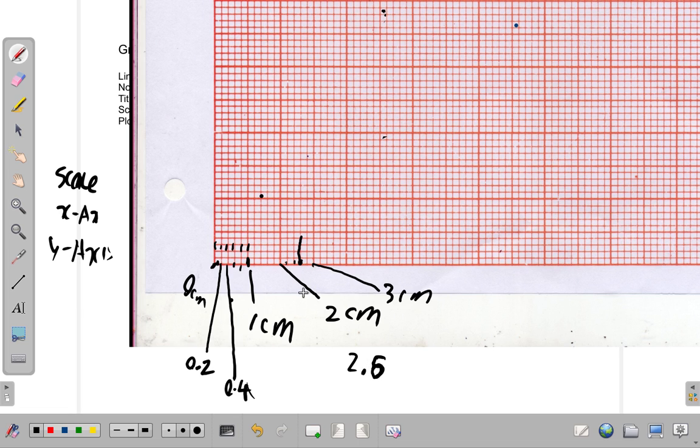This becomes useful when you're plotting a graph or drawing a histogram in statistics. You must be able to identify the fractional values of one whole centimeter or one whole unit on the graph.